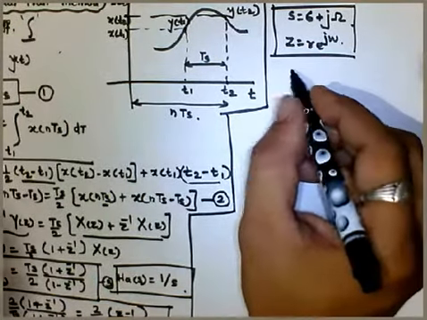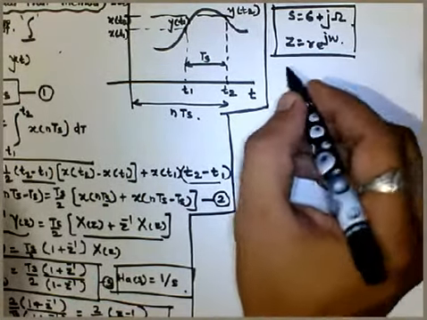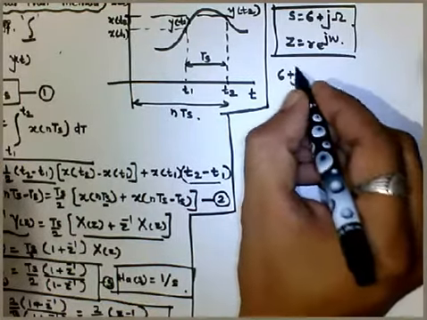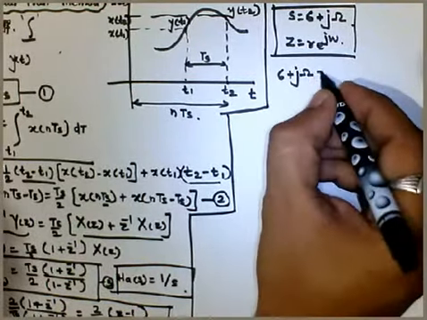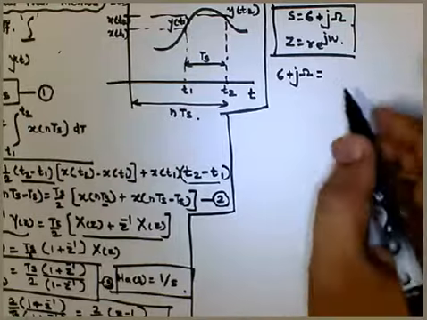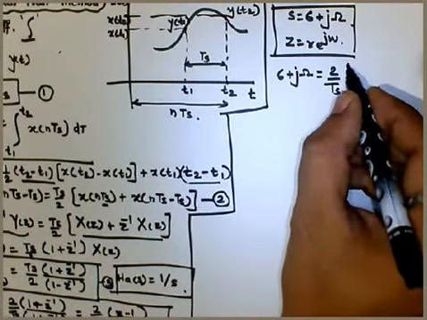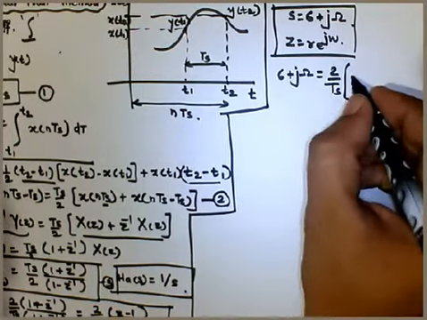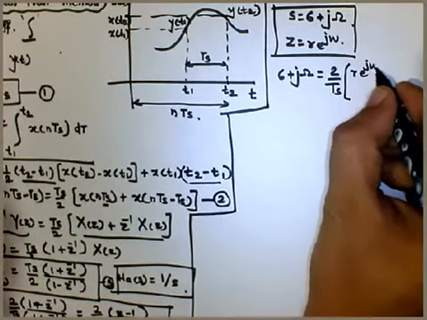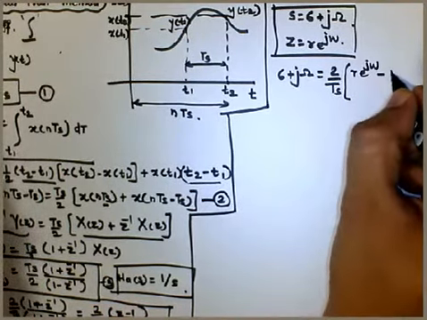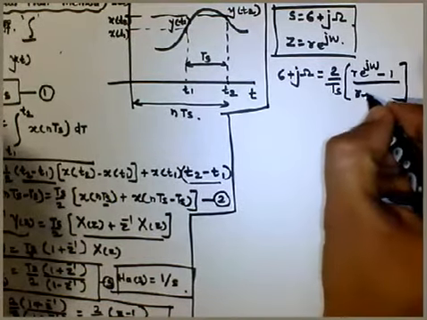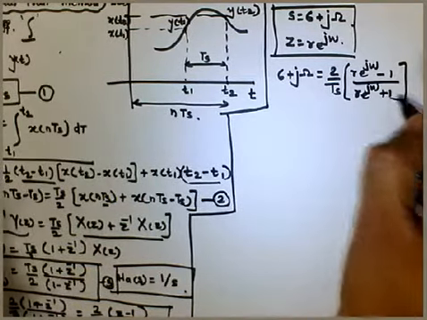The left hand side is S, so replace it with sigma plus j omega, equal to 2 by Ts, in the bracket (R e raised to j omega minus 1) divided by (R e raised to j omega plus 1).